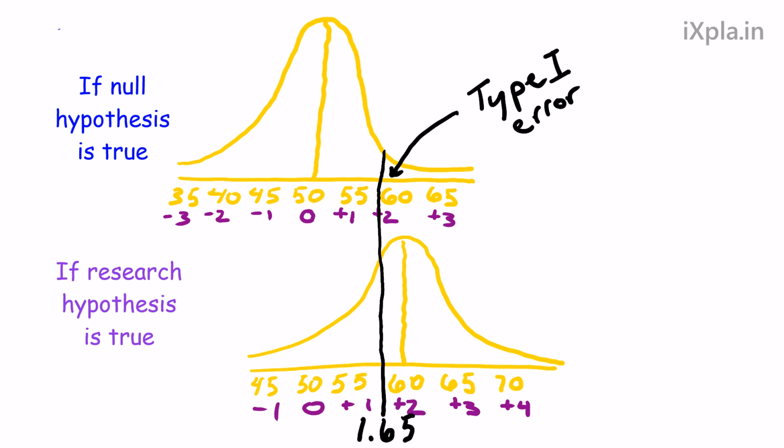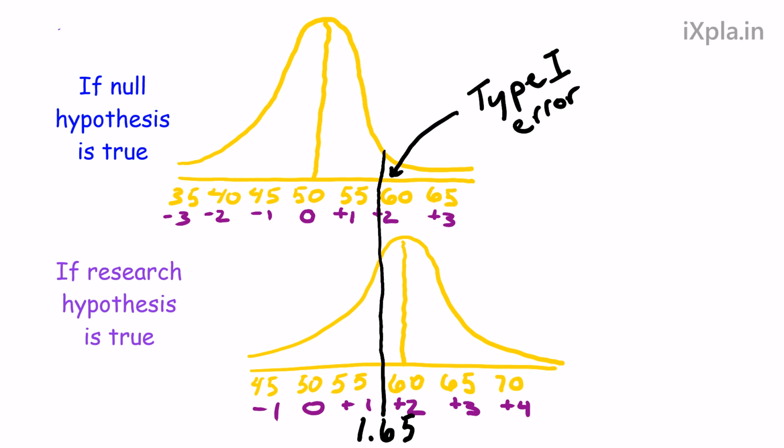Now let's deal with the situation when the research hypothesis is true. In this situation, I've given a treatment to people, to my sample, and it worked. And in fact, it bumped people's scores up to 60. Now, as a researcher, I'm not going to know that a treatment worked.